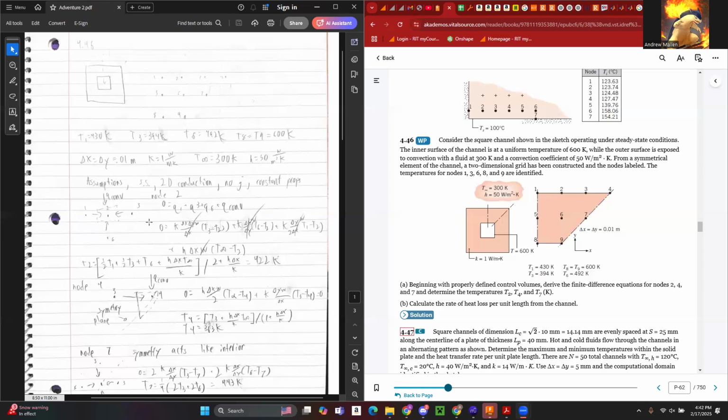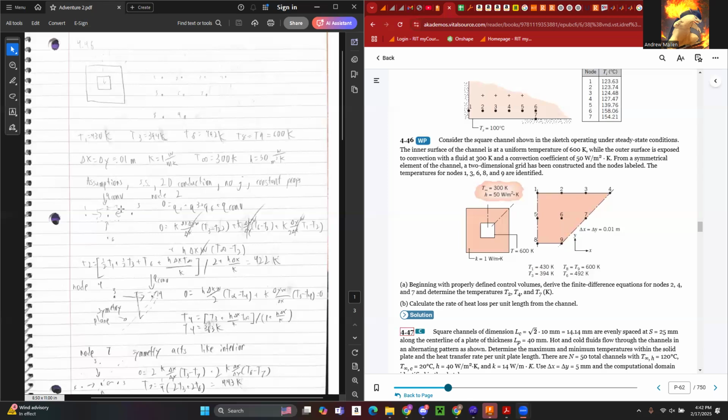From node 2, we got full conduction, so it'd just be k delta X over delta Y times delta T. Delta X and delta Y cancel out. Then from node 3, it'll be k delta X over delta Y times 1/2, because once again, it's only half.